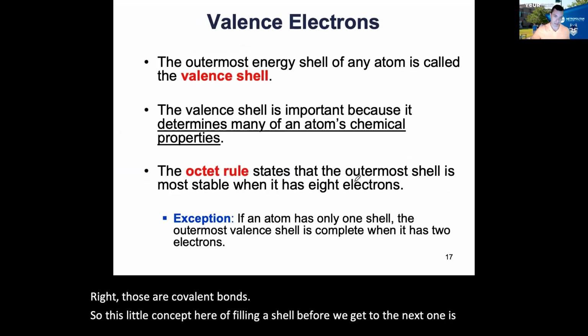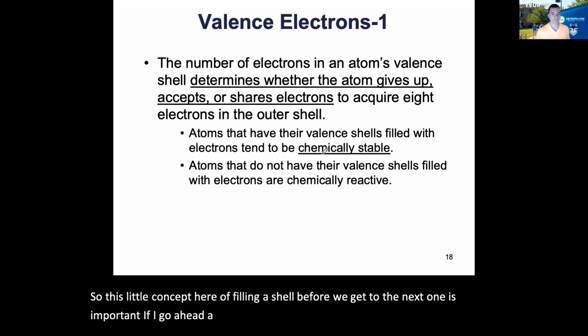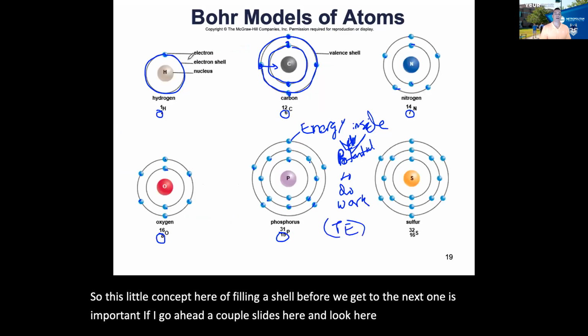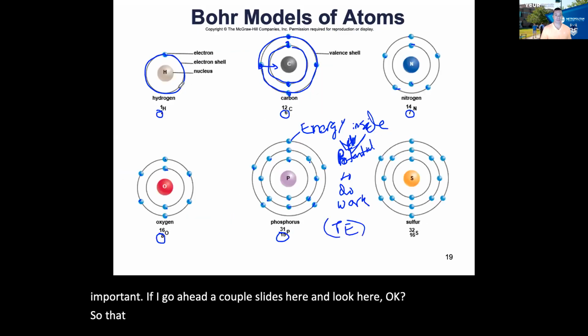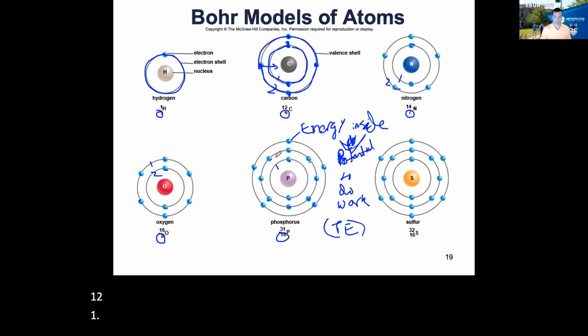If I go ahead a couple slides here and look, here we go, that first shell right here. There's the first shell. Shell 1, shell 2, and we can add another one.